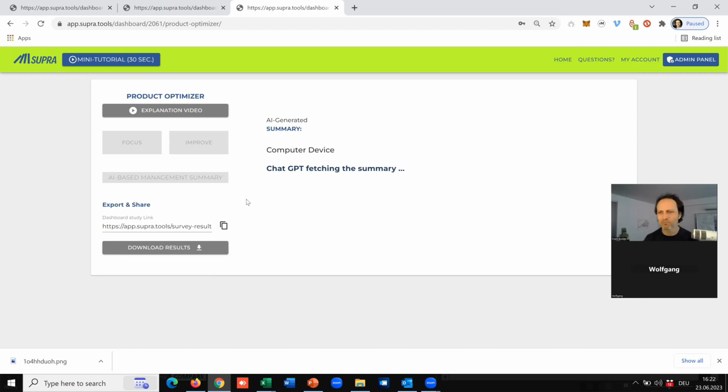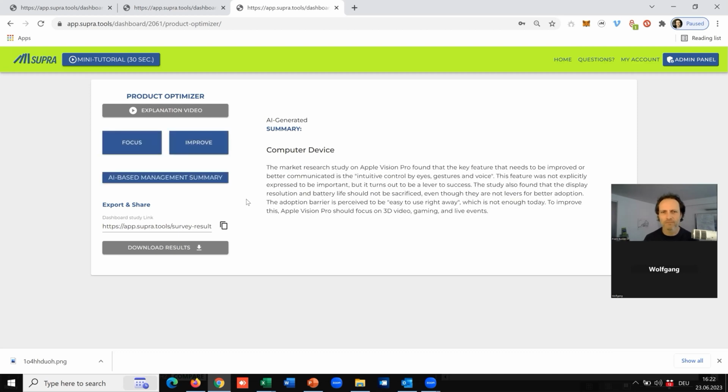already perfectly formulated using ChatGPT, saying, hey, market research study found that the key feature that needs to be improved or better communicated is the intuitive control by eyes, gesture, and voice. The feature was not explicitly expressed to be important, but it turns out to be a lever to success.